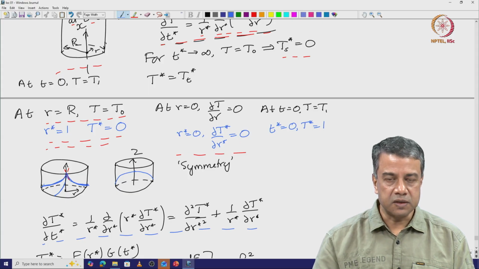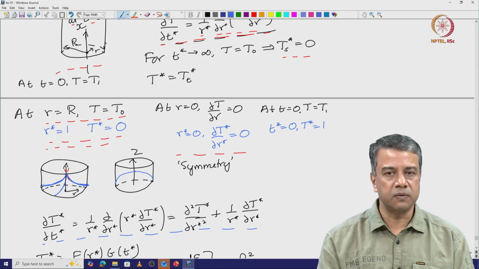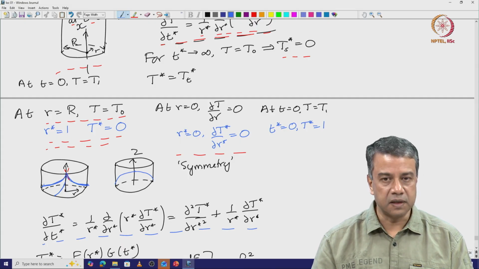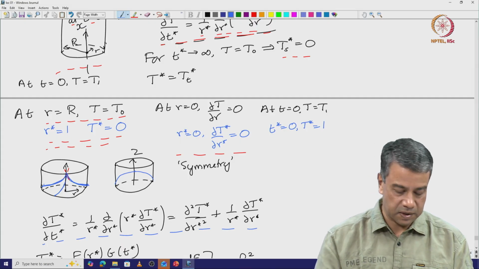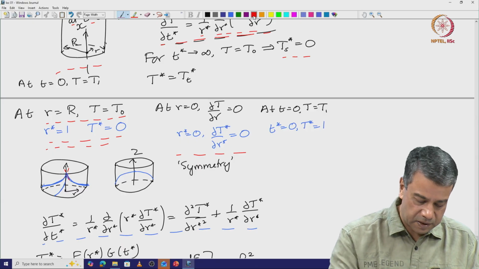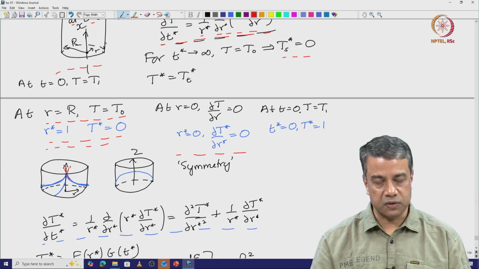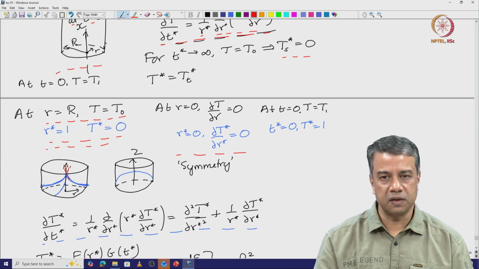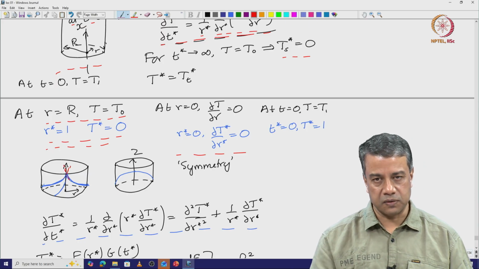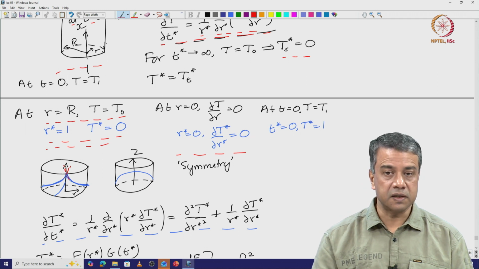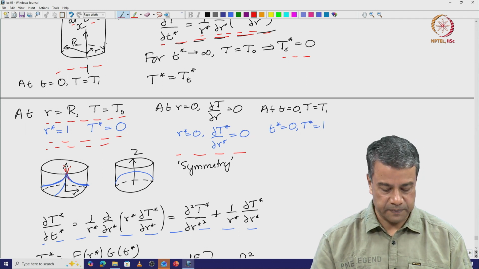Therefore, as you approach the axis, the gradient will approach different values, depending on the direction that you approach. Whichever direction you approach, the gradient is along that direction alone. So, therefore, the gradient is not uniquely specified at the origin.